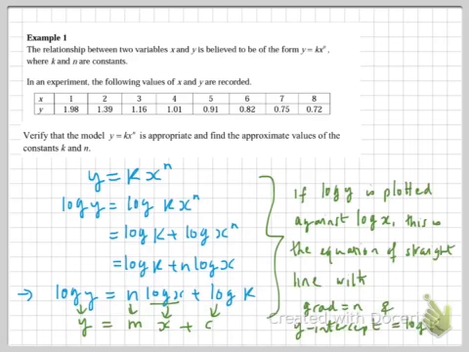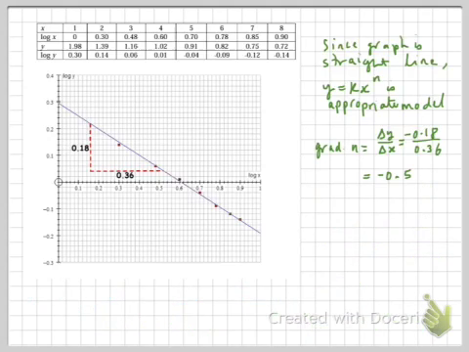So what this means is, if log y is plotted against log x, then this is the equation of a straight line, and the gradient is n and the y-intercept is log k. So let's look at what that looks like.